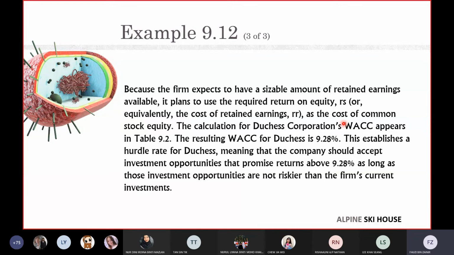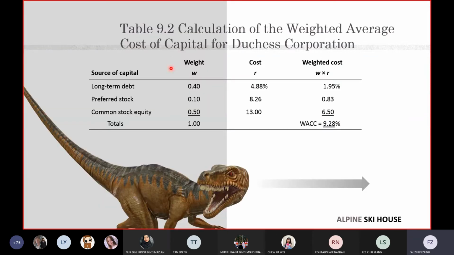Okay, let's look at the weighted average cost of financing, how the company is going to calculate it. Based on that, we just multiply. For long-term debt, the proportion of the company financed using debt is 40% times the cost of it.